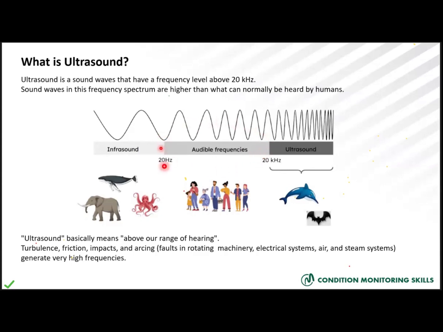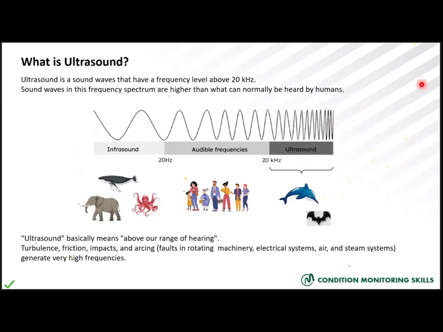So this is the audible frequency range. This is the infrasound and this is the ultrasound. Ultrasound basically means above our hearing range. Many sources can lead to ultrasounds, such as turbulence, friction, impacts, arcing in electrical equipment, and faults on rotating machinery or electrical systems or air or steam systems.